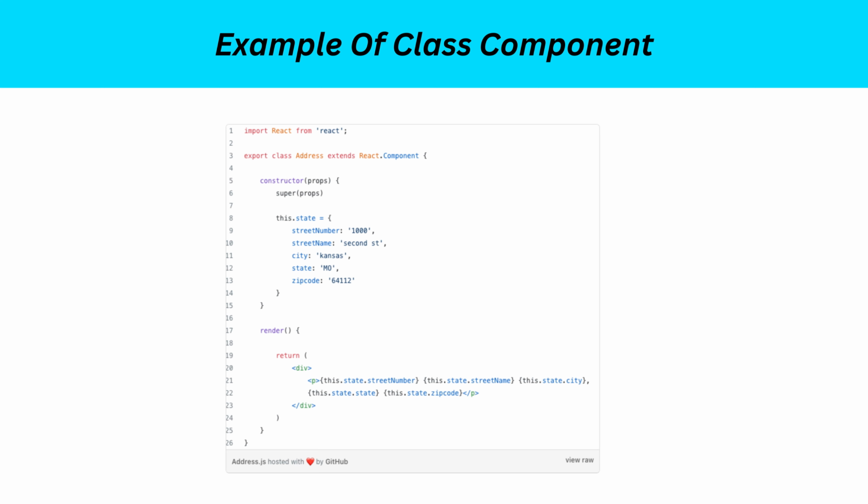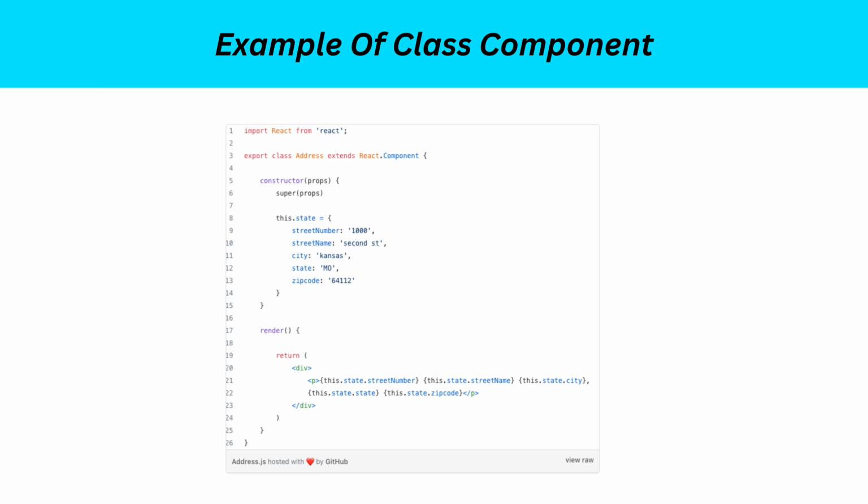Also it uses lifecycle methods as well. Sometimes these class components receive the props from the top components. When it receives the props, there is a lifecycle method called component will receive props that will be invoked. When that is invoked, you can actually put the logic there.